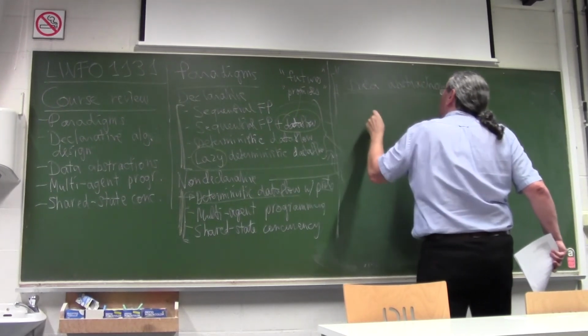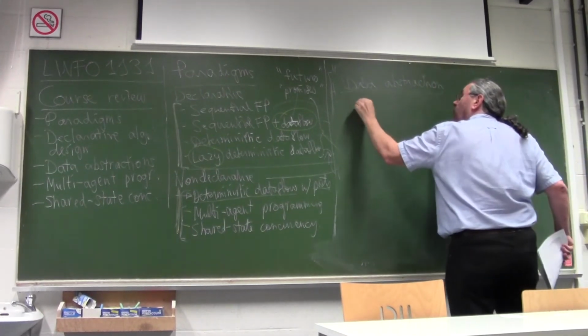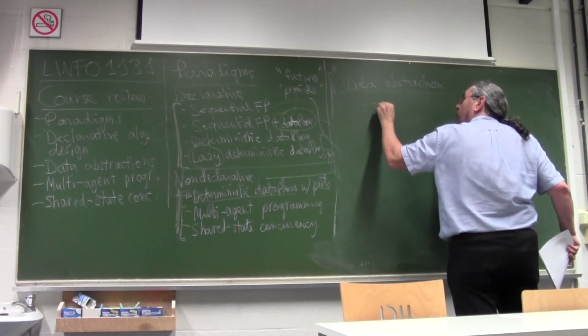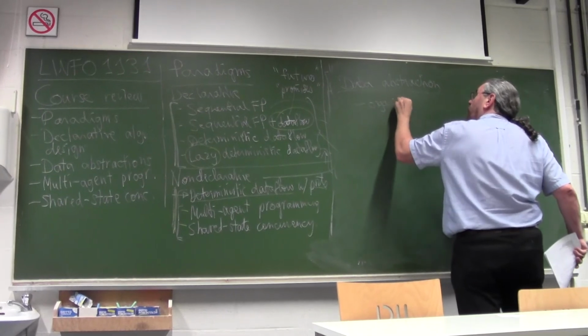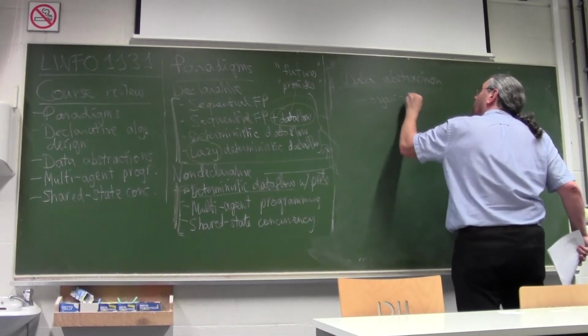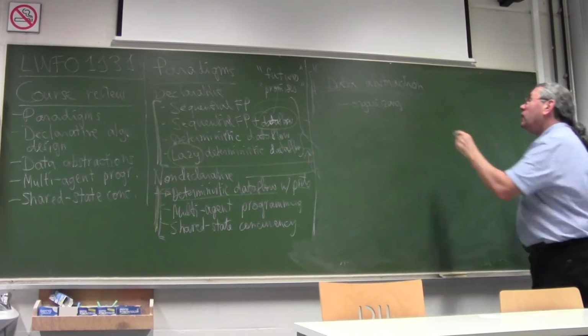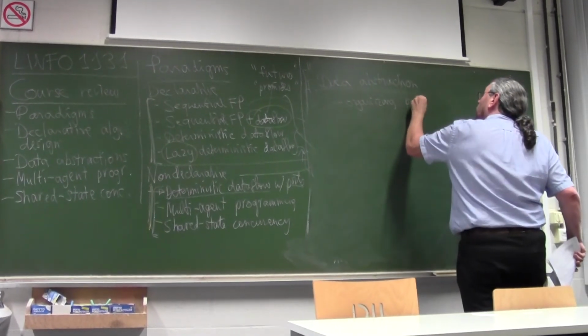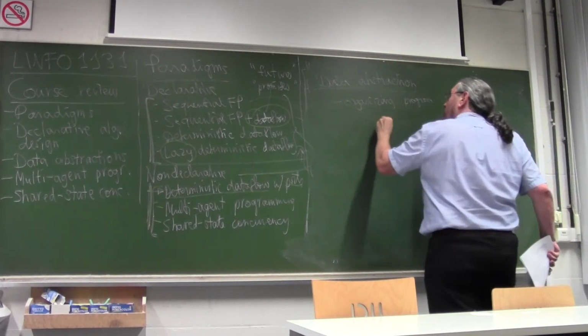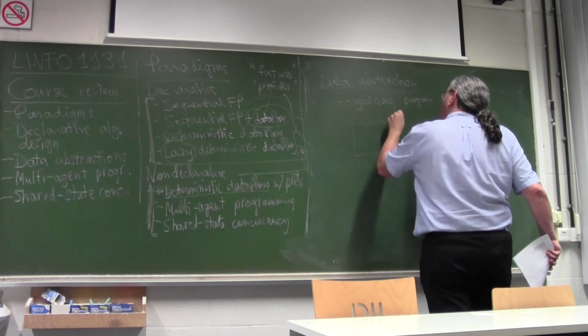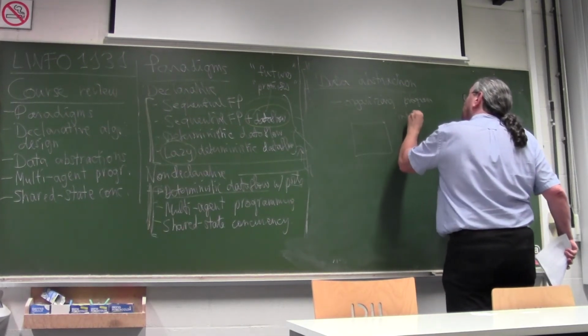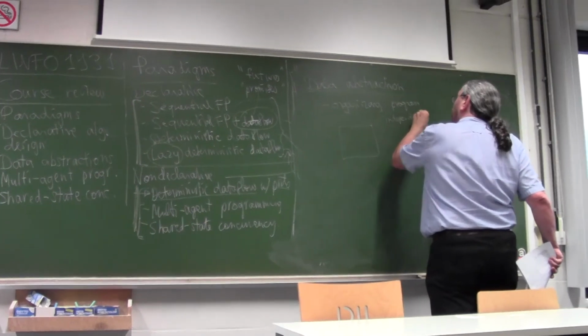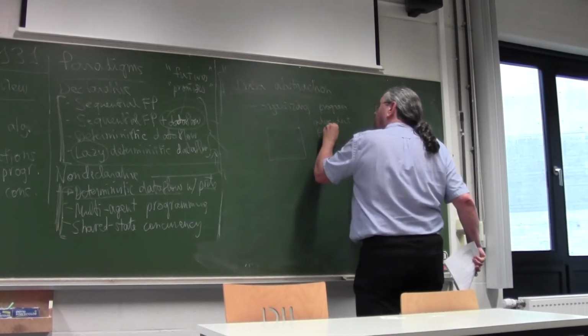Data abstraction is a way of organizing your program as a set of separate pieces, partitions. So it's organizing the program as basically independent parts with their own specifications.